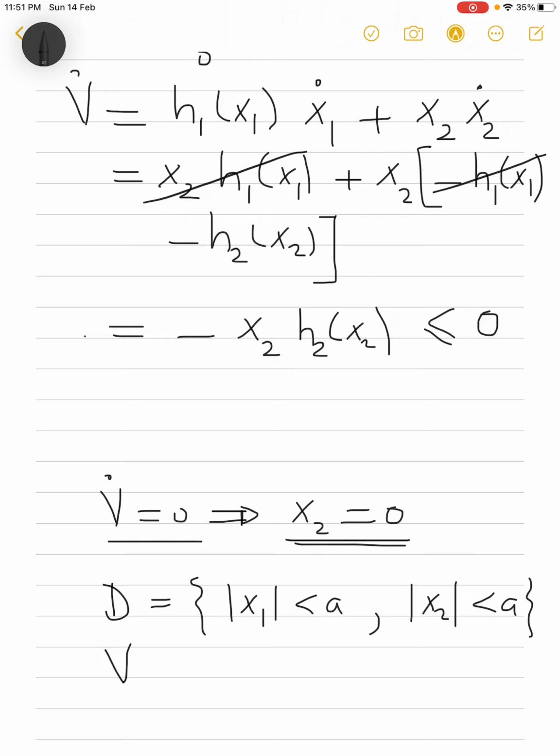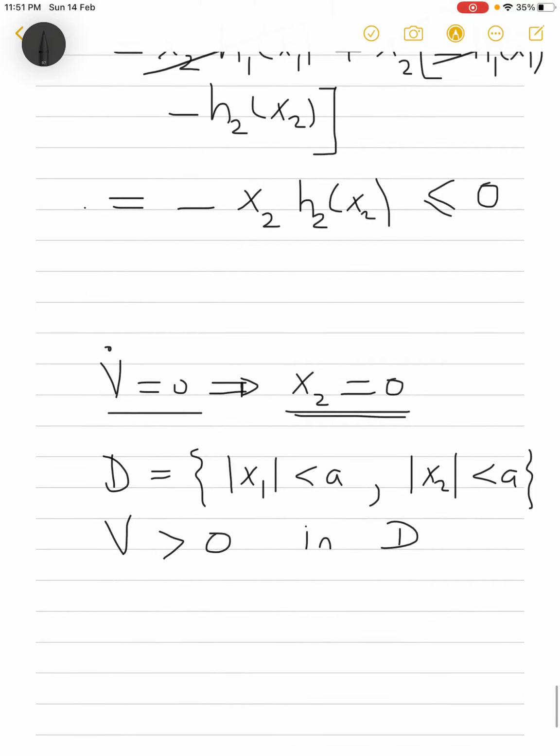And we know that V is positive definite in that set. And we define a set S, this is a set of x1 and x2 such that V dot equals 0.